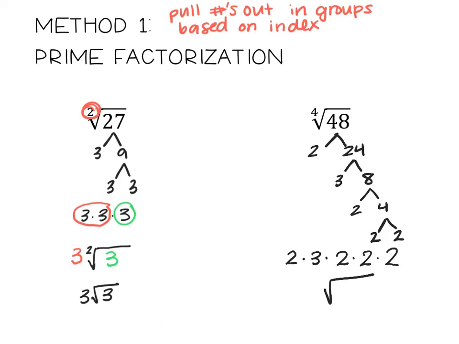I'm going to use my radical, keep the index the same. Now I have to pull numbers out in groups of 4. So I've got 1, 2, 3, 4 2s. So that 2 can come to the outside. But I only have 1 3, so that needs to stay on the inside. So the simplified version of that is 2 times the fourth root of 3.